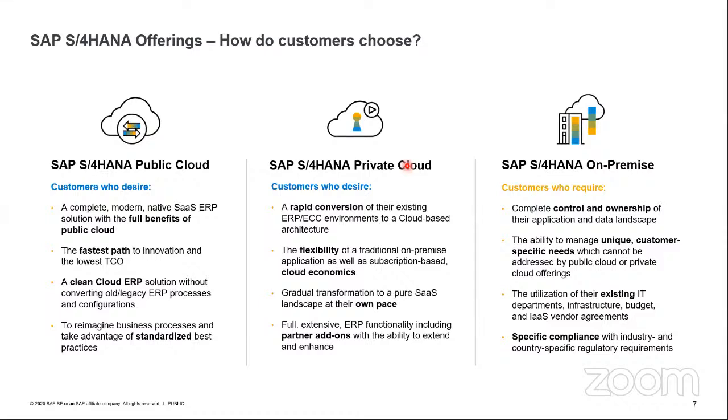Gradual transformation to a pure SaaS based model. If the customers say, I'm done with this private cloud kind of infrastructure management, and I would like to go with the public cloud infrastructure management which is taken care of by SAP, the transformation from private cloud to public cloud becomes much easier for the customers this way.